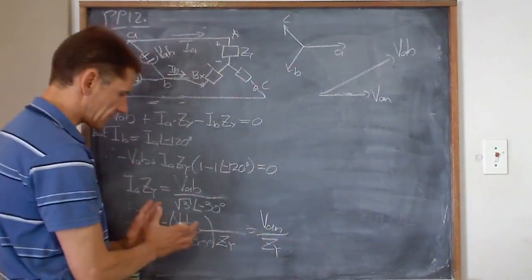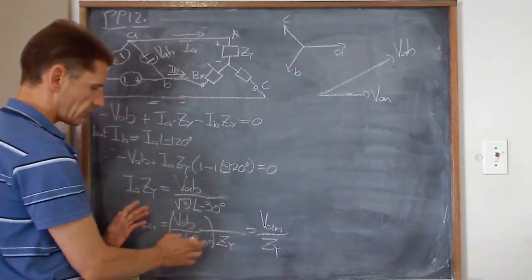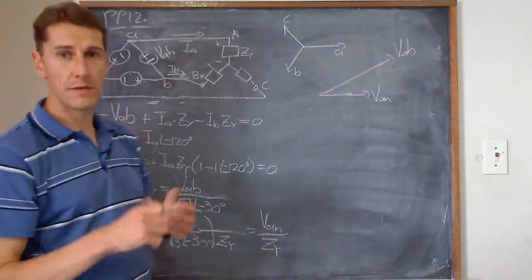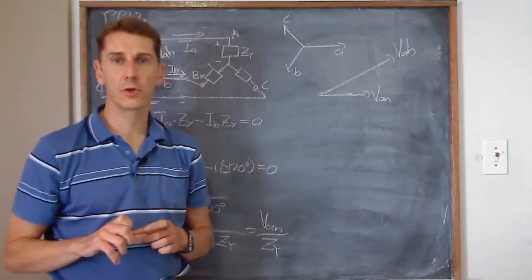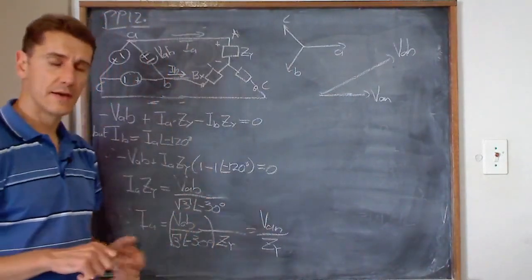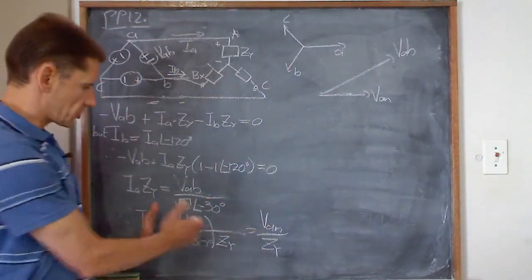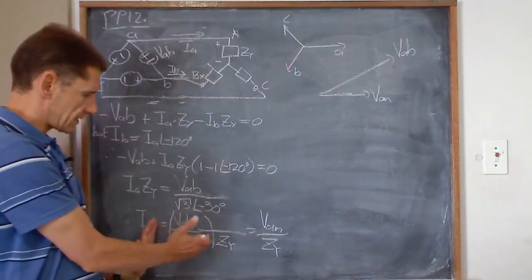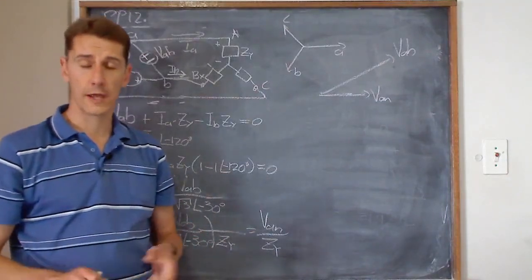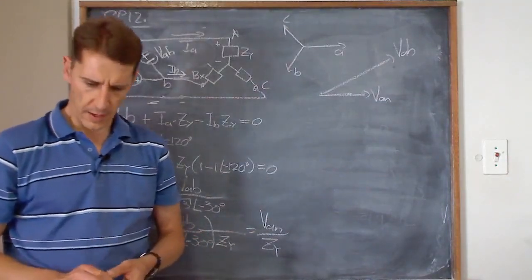So all they've effectively done here is convert the delta source into its Y equivalent. In the previous example we did, I showed you how you convert a delta load into a Y equivalent load. Over here, they stop there, but effectively what's standing there is VAN, which is just the Y equivalent of the source.